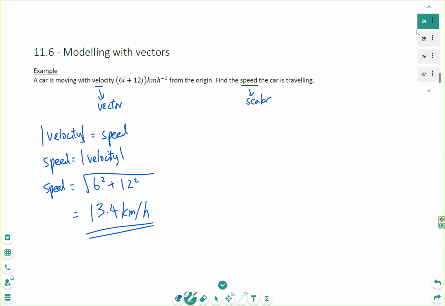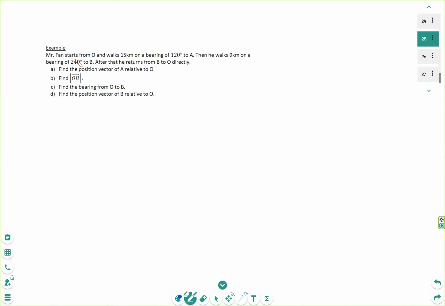Okay, next example. I start from O and walk 15 kilometers, so let's draw a diagram. I walk 15 kilometers on a bearing of 120 degrees to A. To draw a bearing, you draw an arrow up, which is the north line. 120 degrees, that's 90, so 120 is somewhere there, to A. And this is 15 kilometers.